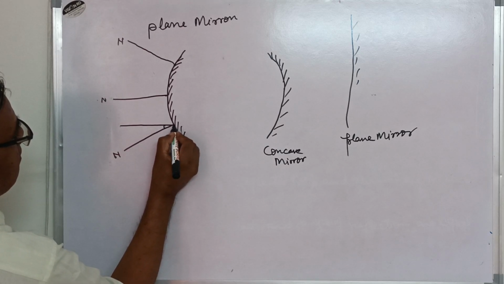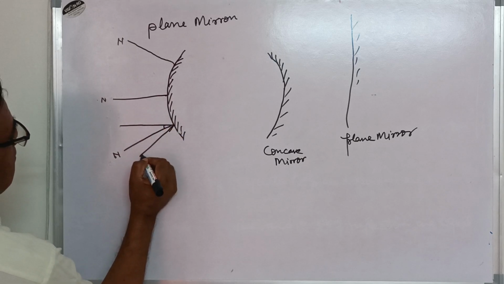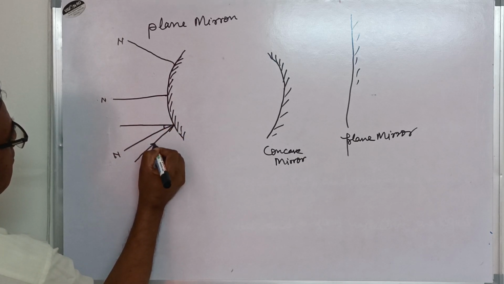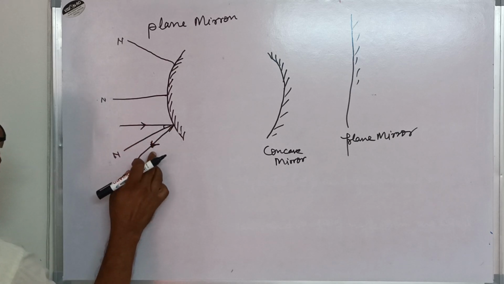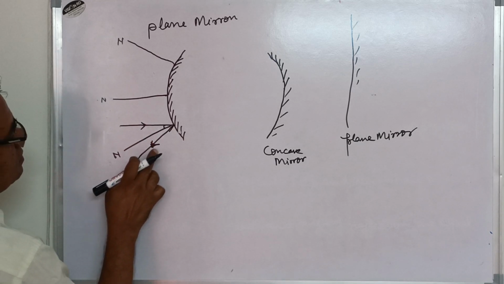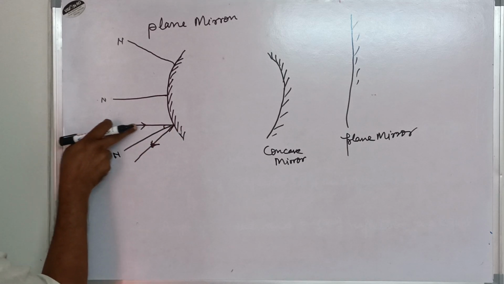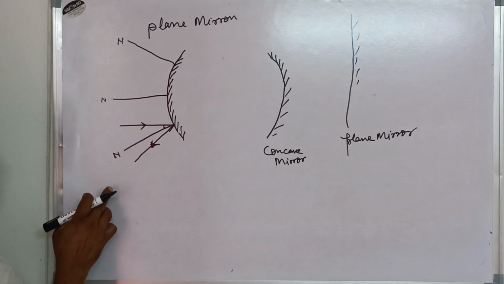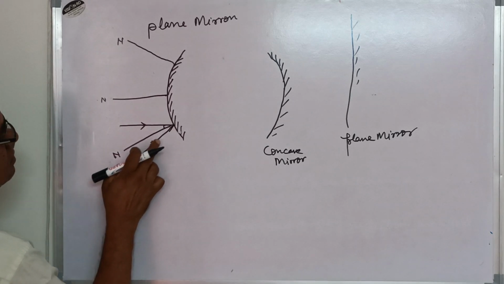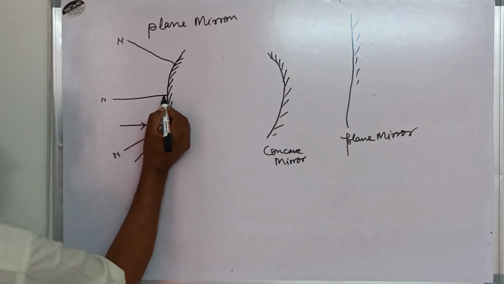So this angle will be equal to this angle. Both are true. The ray goes in this direction, then comes back in this direction. This is the incident ray, this comes back as the reflected ray. You can reverse, you throw light along this, and then the light will come back along this path.